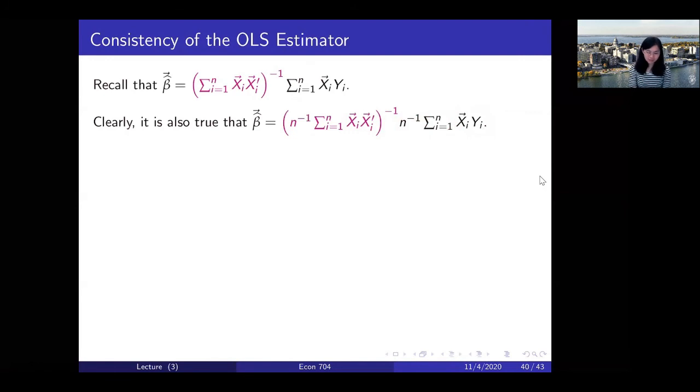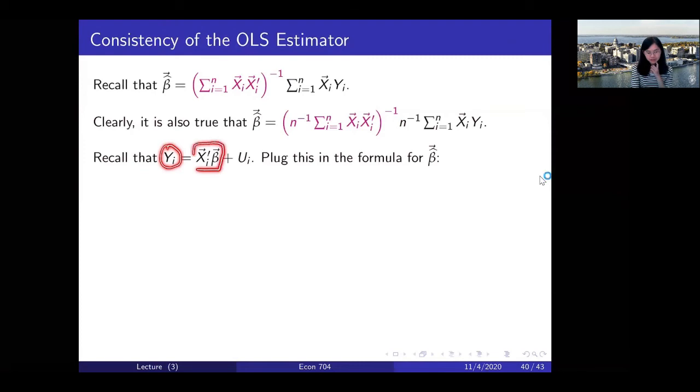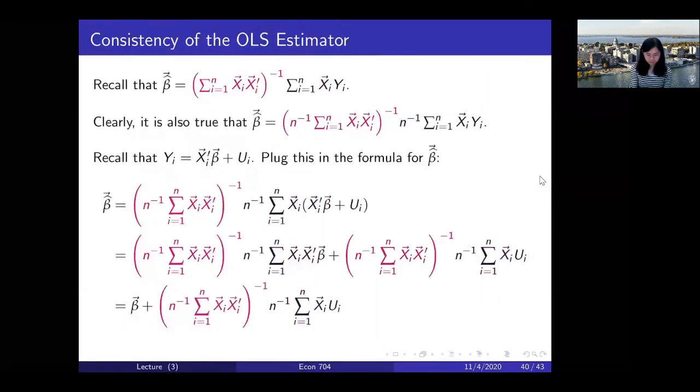The next thing we do is to remember that y_i is equal to this linear function of x plus u_i. That is the linear regression equation we started with. Now we're going to plug that into this formula, replacing y_i by this formula. We get this.